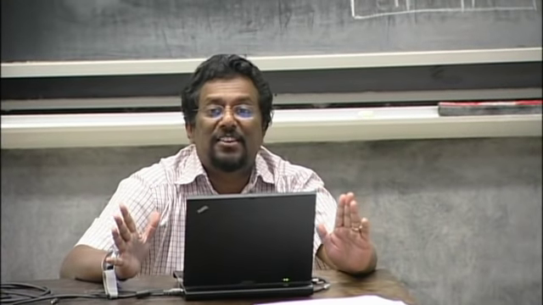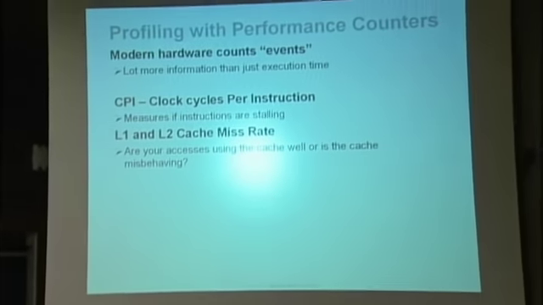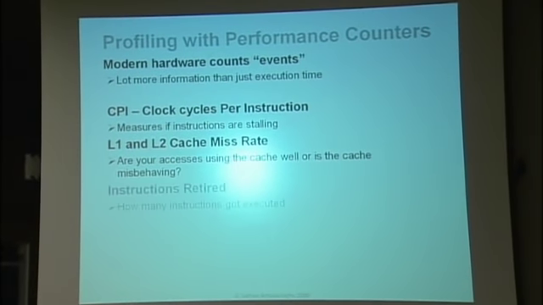That means instructions are stalling, something is wrong. Then cache misses. Data is supposed to be in cache with cache hits all the time, but if you are getting cache misses, something is wrong. Accesses are not good. And then also the instructions retired. That means how many instructions are being executed and retired. If you are doing too much work, the number of instructions retired will go high. This gives you a feel for how much work is being done.